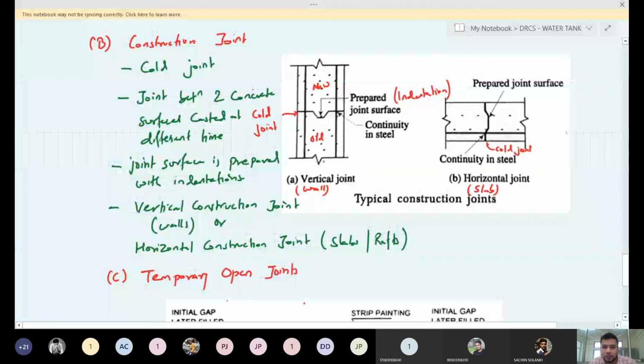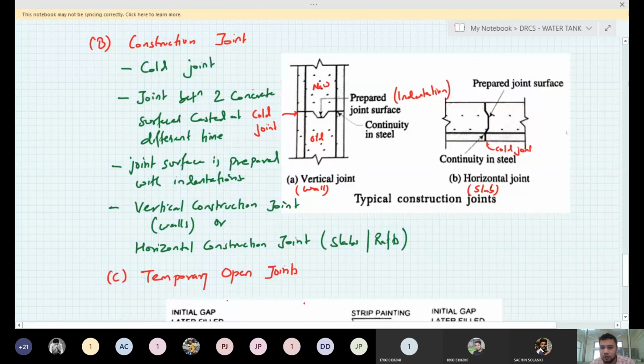Then construction joints can be done in walls, called vertical joints, and on slabs or rafts in horizontal slabs. To prevent failure at the cold joint, some indentations are made by preparing the joint surface.